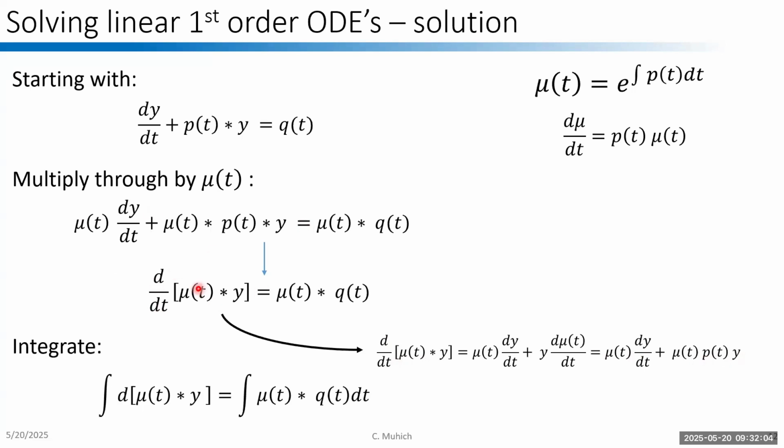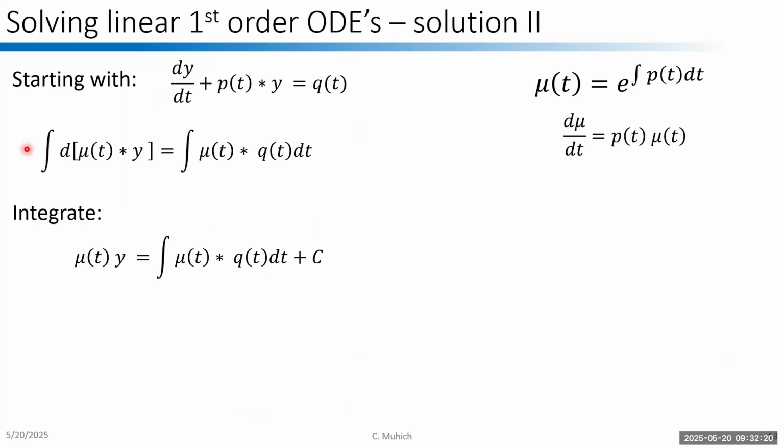Now I can integrate this functional form. I have the integral of d of mu of t times y equals the integral of mu of t times q of t dt. When I do that integration, the integral cancels out this derivative form.